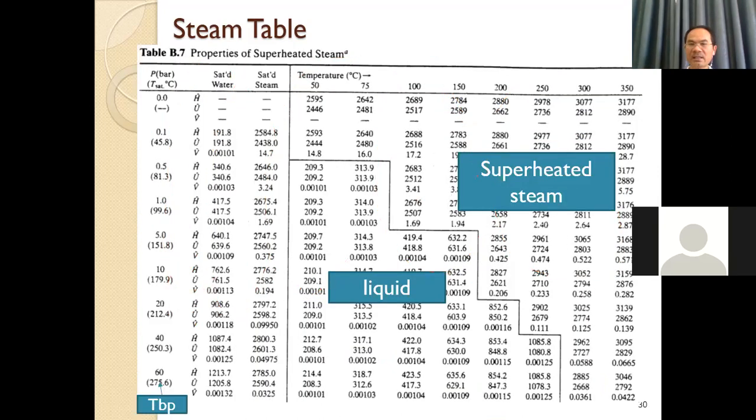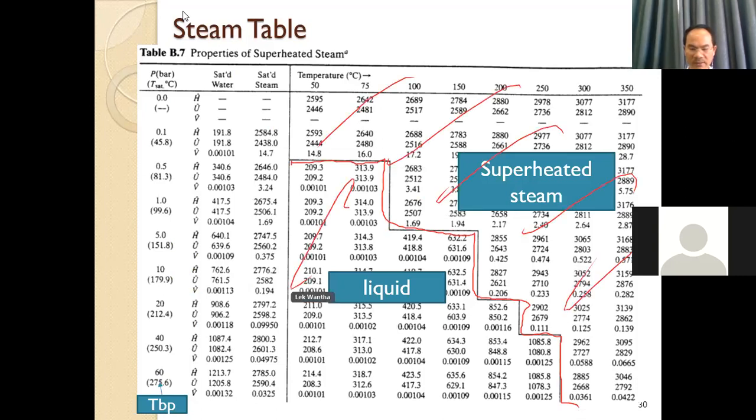If the temperature and pressure are higher, beyond saturated vapor and saturated liquid, it is superheated steam. This is the range of the superheated steam, and this is the saturated liquid, saturated vapor.